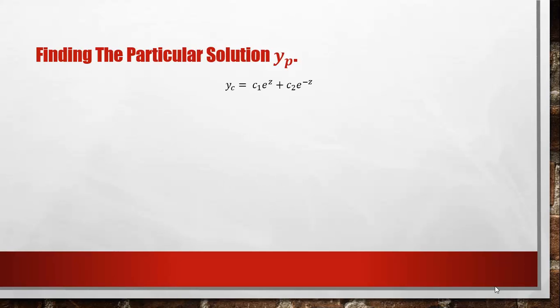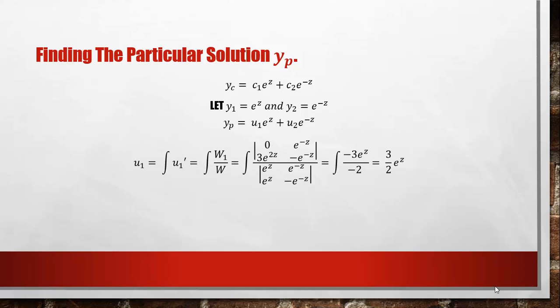To get the particular solution yp, we must first assume y1 and y2. Let y1 be equal to e to the z and y2 be equal to e to the negative z. Our particular solution yp, by variation of parameters, is equal to u1 e to the z plus u2 e to the negative z, where u1 is the integral of u1 prime, which is equal to w1 over w by Wronskian determinants.